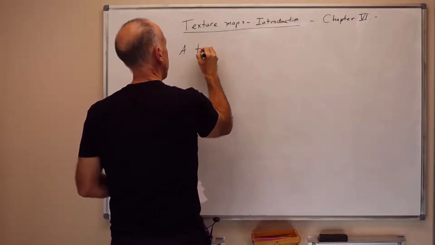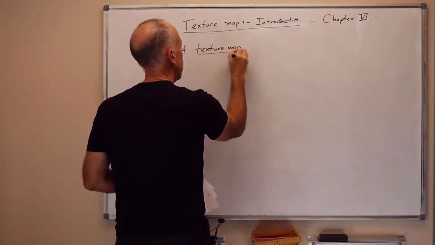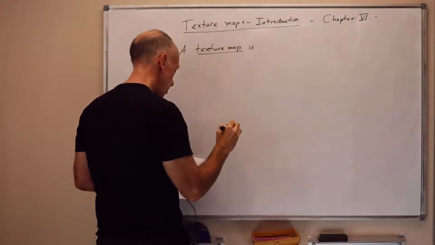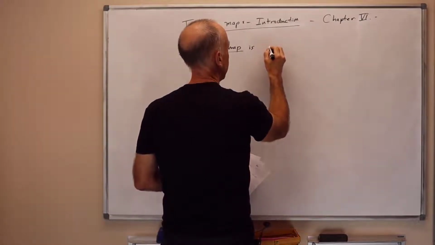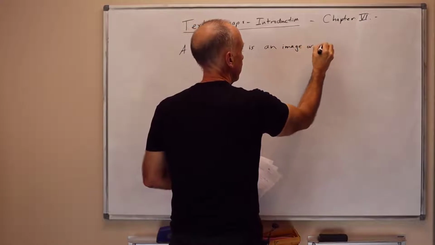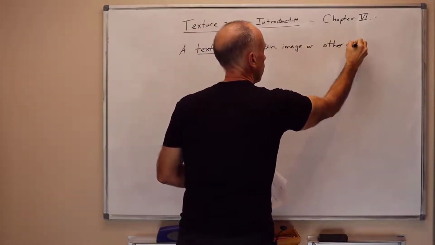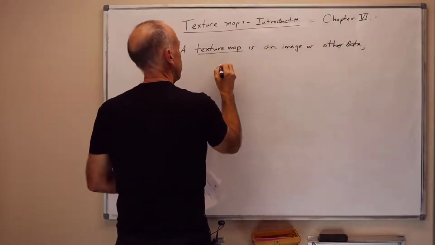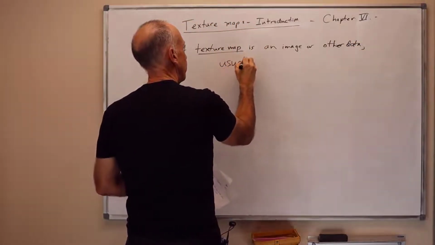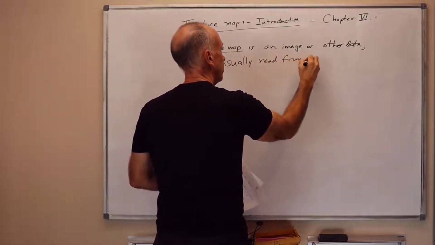So a texture map, or just a texture for short, is an image or another set of data, usually a two-dimensional array, that can be used when rendering, usually read from a file, but can also be pre-computed.